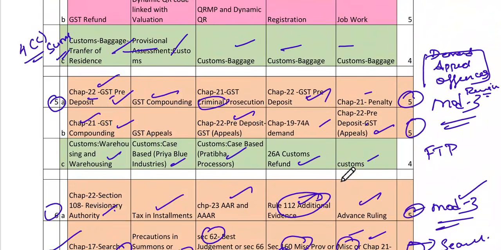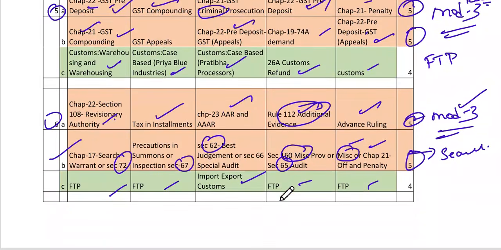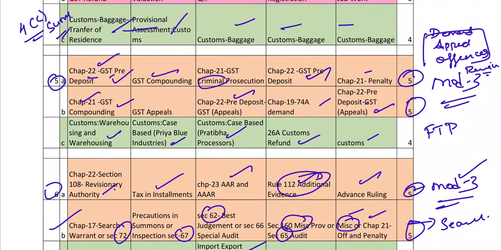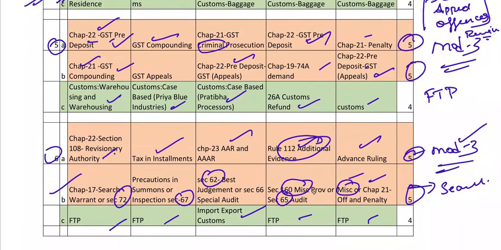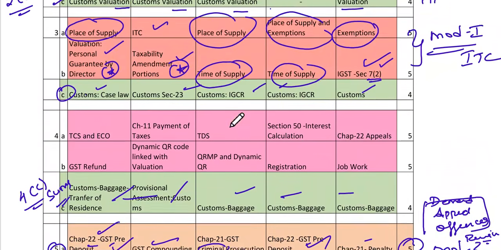That is why I'm saying it again and again, because you already know the customs part, it is going to be FTP. Maybe it will take time to study, but once you're done with FTP, you can score these 14 marks easily. You can concentrate on these 14 marks, because it is going to be mostly case laws and customs related questions.